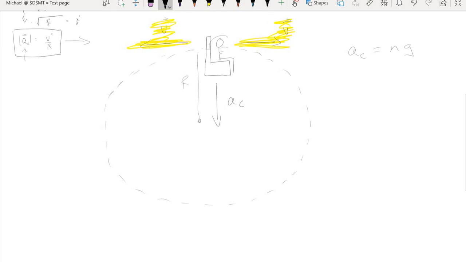If we zoom in on this person's head, you got your eyes and your nose up here and your mouth, and you got your brain in here. So as you move forward and you continue to accelerate forward, well, what happens to all the blood in your brain? Well, it ends up sloshing back to the back of your brain.